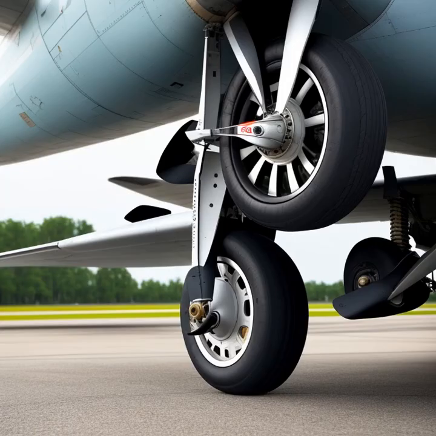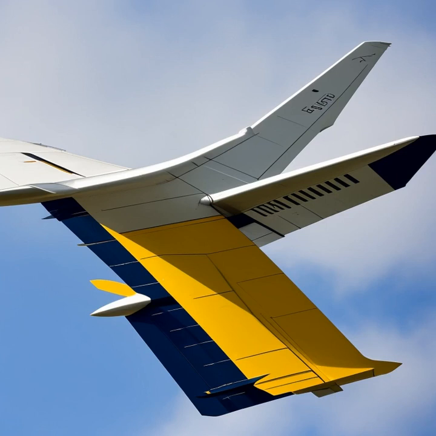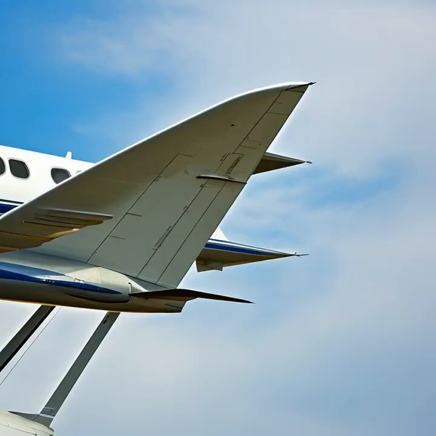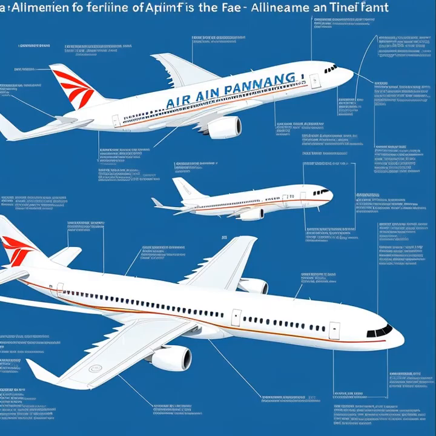There are four main forces acting on an airplane in flight: lift, weight, thrust, and drag. Lift, as I mentioned earlier, is the force that opposes the airplane's weight and keeps it in the air.